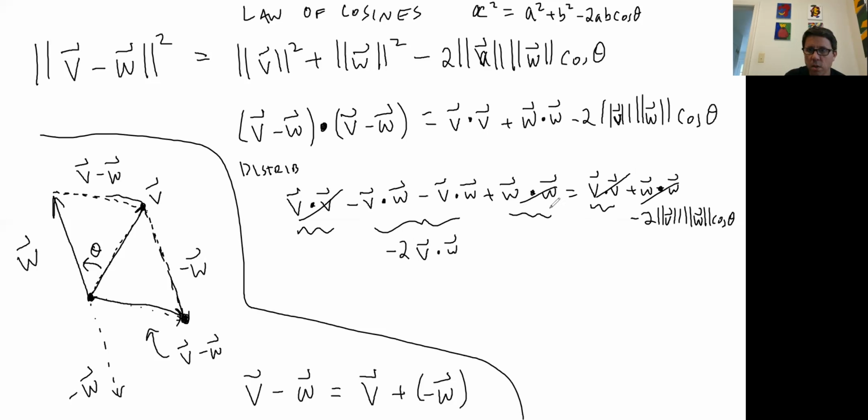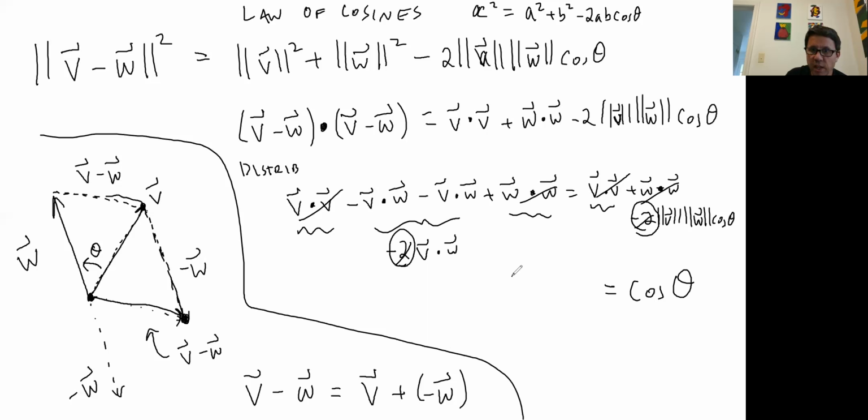So if I was to solve for cosine here, and this is the point of what I wanted to do, I can just divide over by all of this stuff. So if I divide by minus 2 on both sides, those will end up getting canceled out.